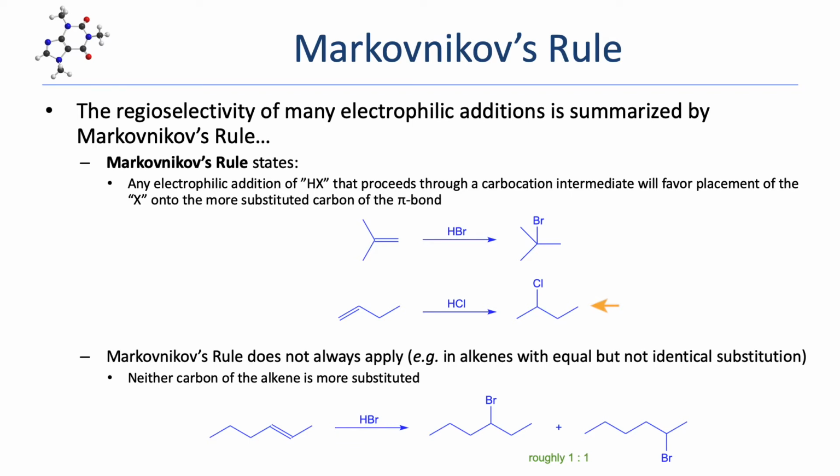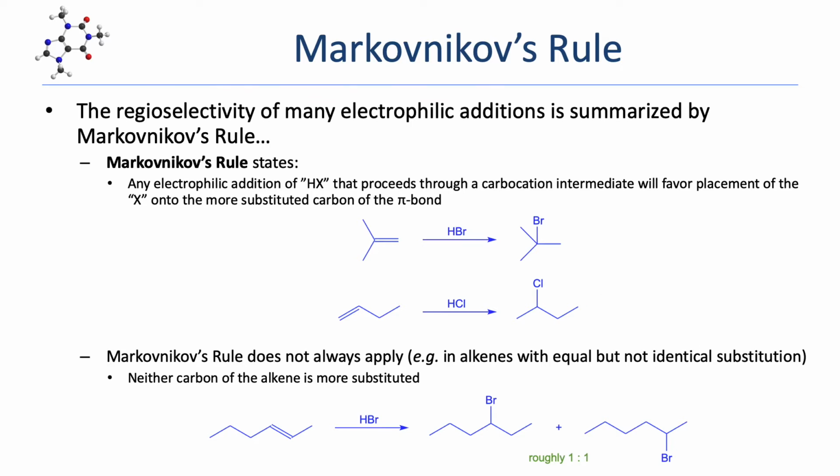Again, 2 regioisomers could have been produced here, one where the chlorine was placed on the left carbon, the less substituted carbon of the alkene, and one where the chlorine was placed on the right and more substituted carbon of the alkene. But Markovnikov's rule tells us that the preferred product will have the halogen attached to the more highly substituted carbon of the alkene.